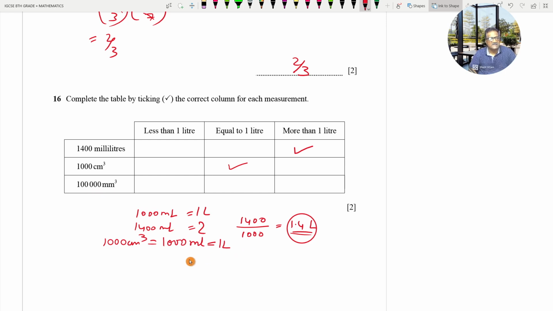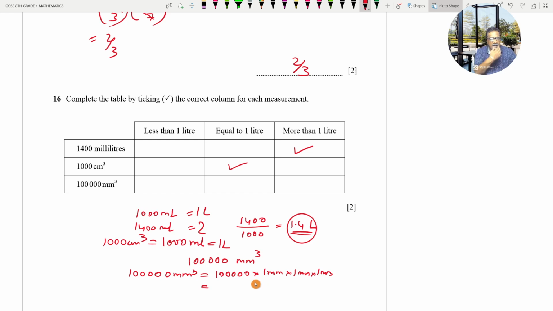Now coming to this, it is 1 lakh millimeter cube. Now will 1 lakh millimeter cube be less than 1 liter or more than 1 liter? Let us check. This I can write as 1 lakh millimeter cube is equal to 1 lakh into 1 millimeter into 1 millimeter into 1 millimeter, isn't it?